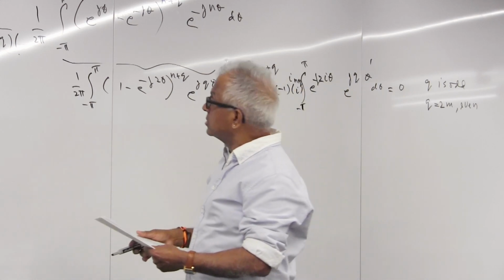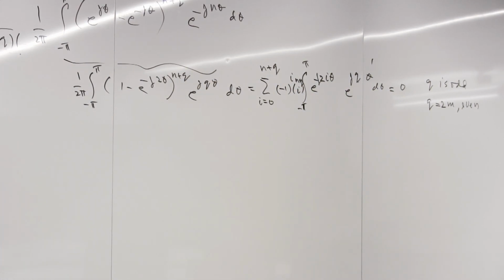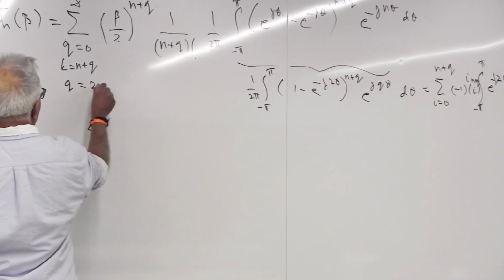So in that case, for Jn, I'm going to put q equal to 2m and redo this.